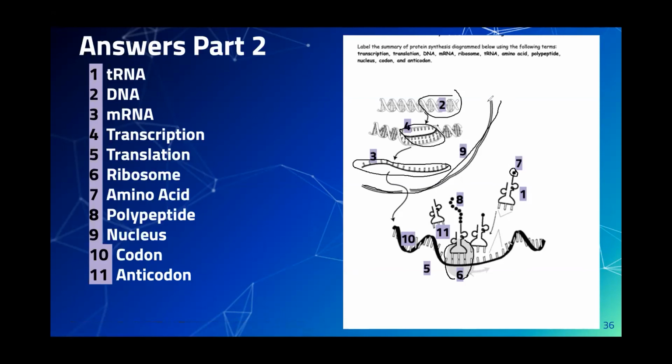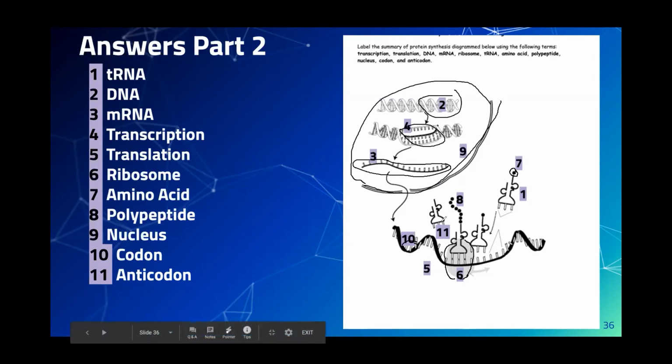And then number 10 is a codon. Remember, a codon is a group of 3 nucleotides. And then number 11 is an anticodon. You have to remember that's the opposite of a codon, and that's what is on the tRNA. How'd you guys do?